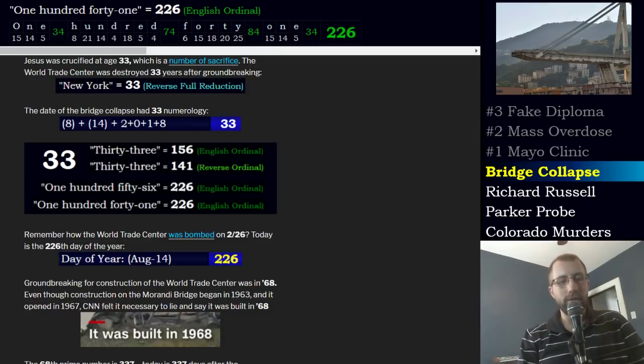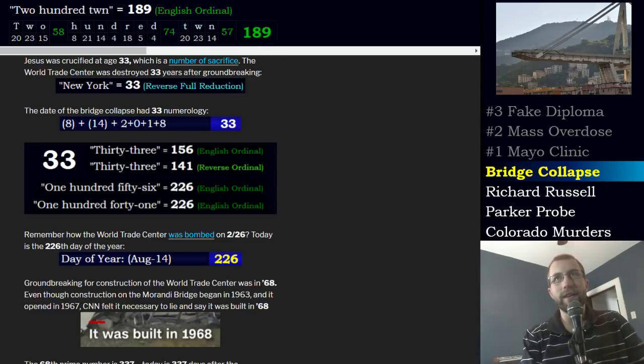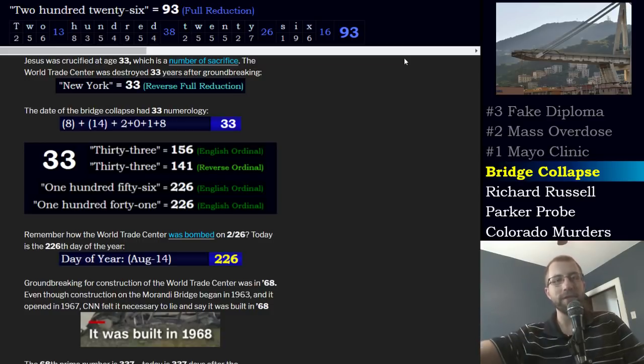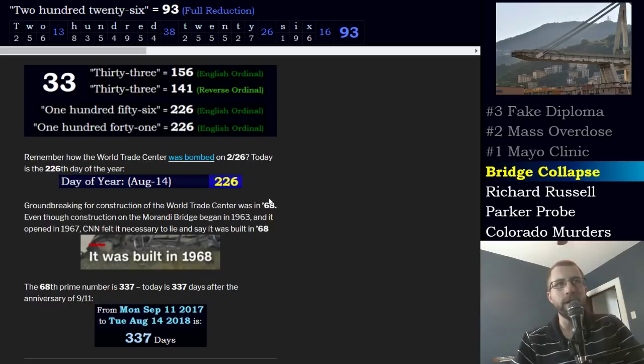Now, when you write out 226, you get 93 in gematria. And think about how the World Trade Center was bombed on February 26th, or 2/26, 1993. This is the code that they're using to construct their rituals. So 226, this super significant number. This bridge collapse occurring on the 226th day of the year.